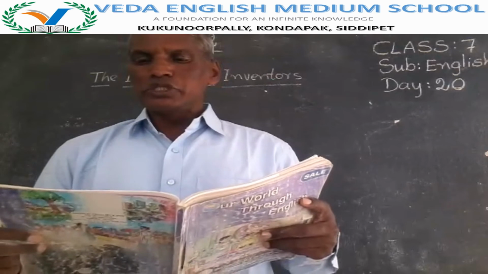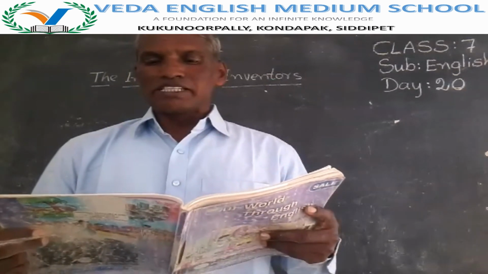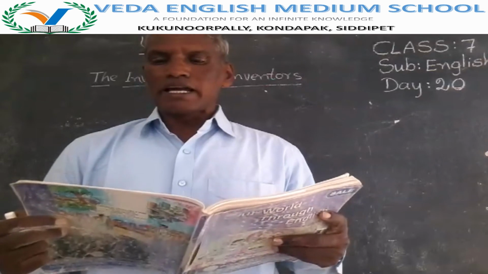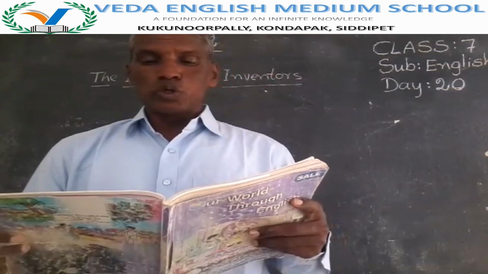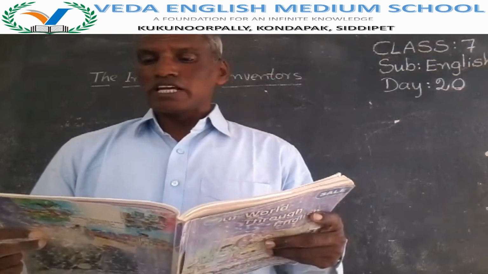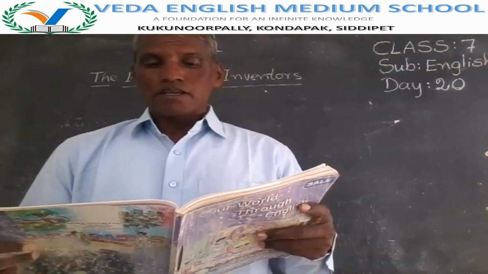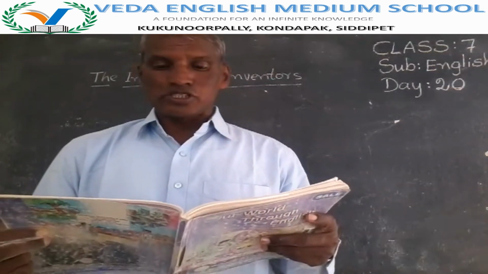Although he could not continue his studies in his school, he was very inquisitive from his boyhood to learn by understanding. When he was only 10 years old, he set up a laboratory in the basement of his father's workplace. He loved to mix liquids and powders to observe the reactions.